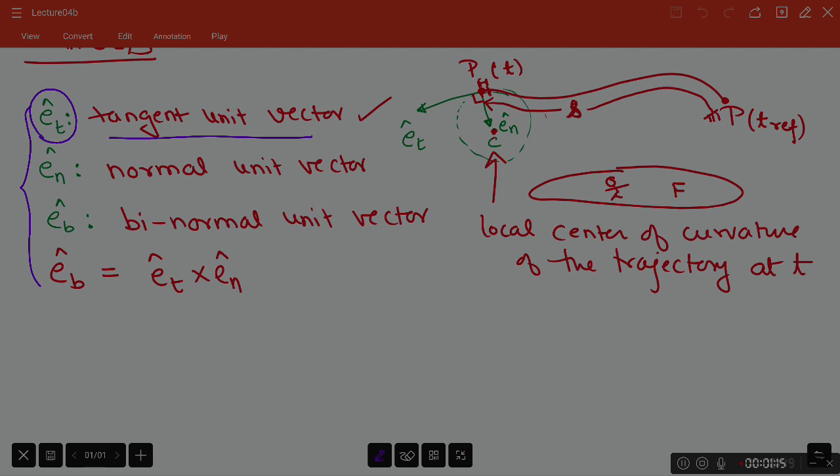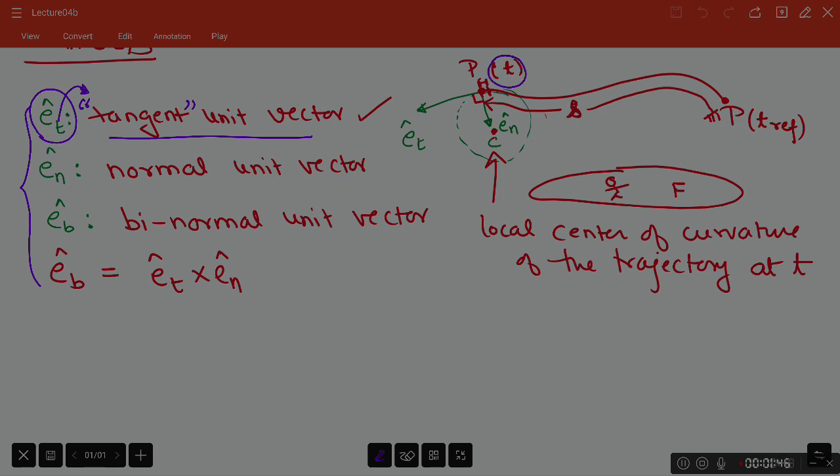Note that this subscript t stands for the word tangent. This t should not be confused with the symbol for the time variable, which for example is appearing here.